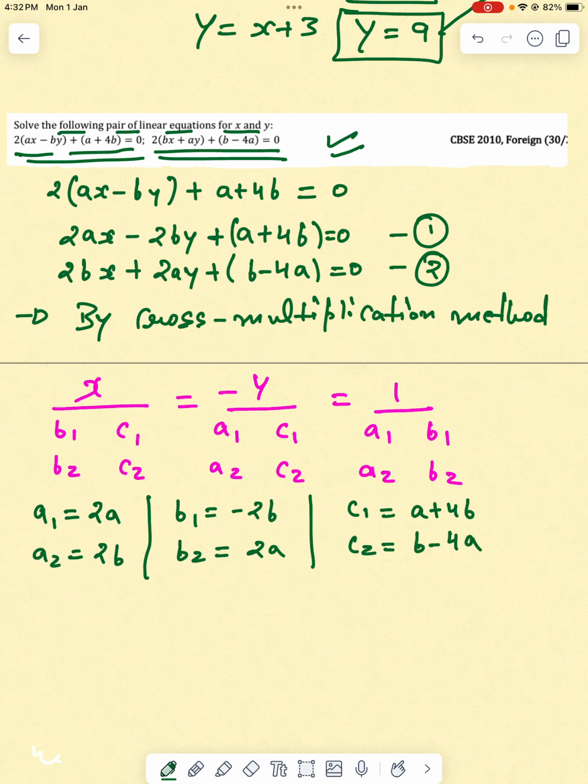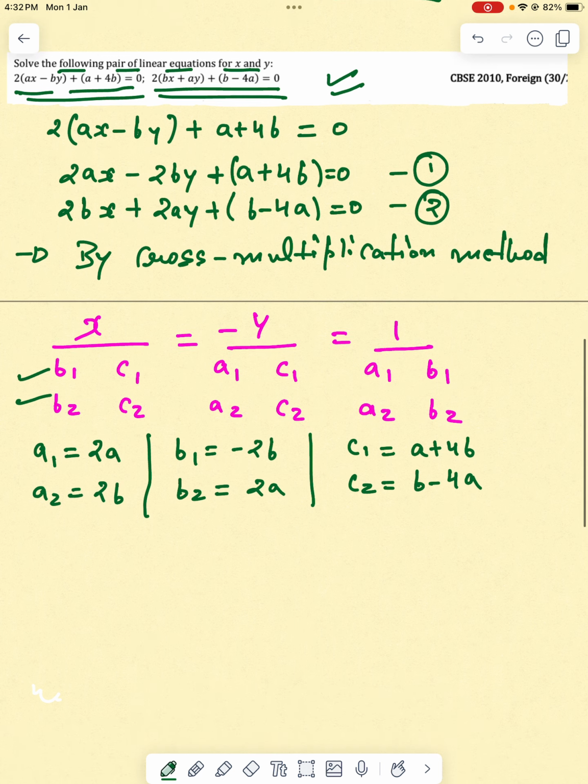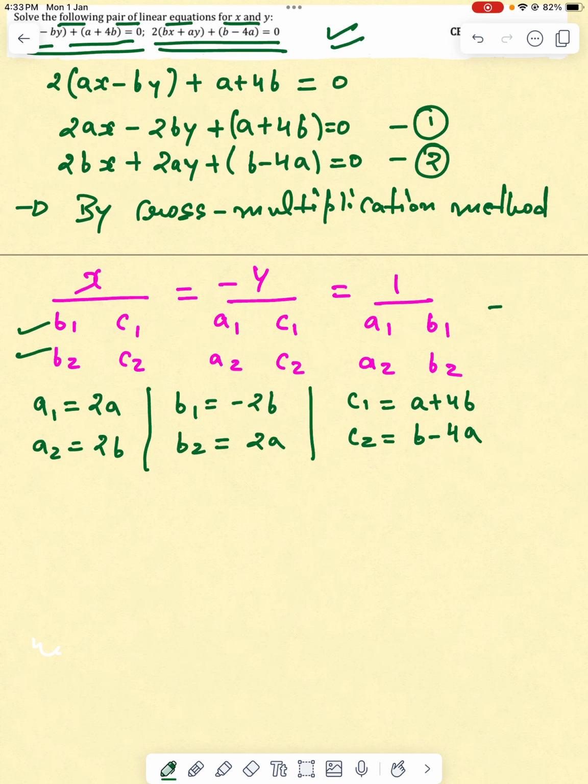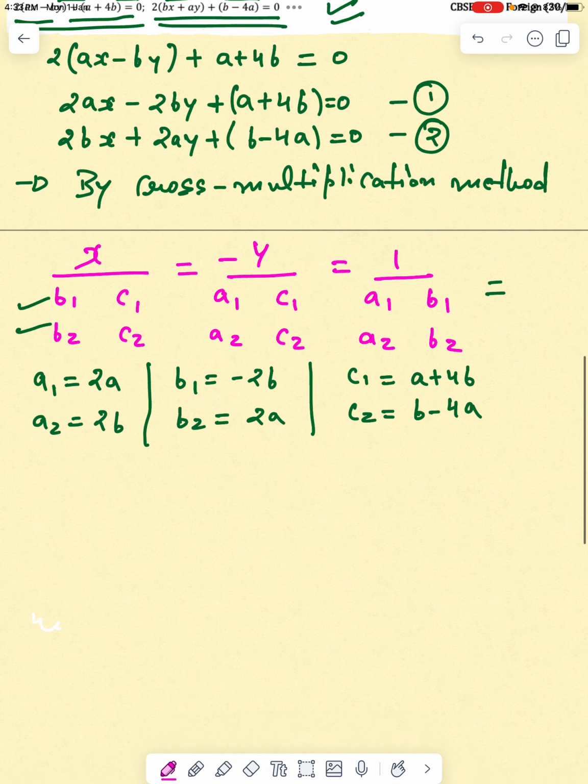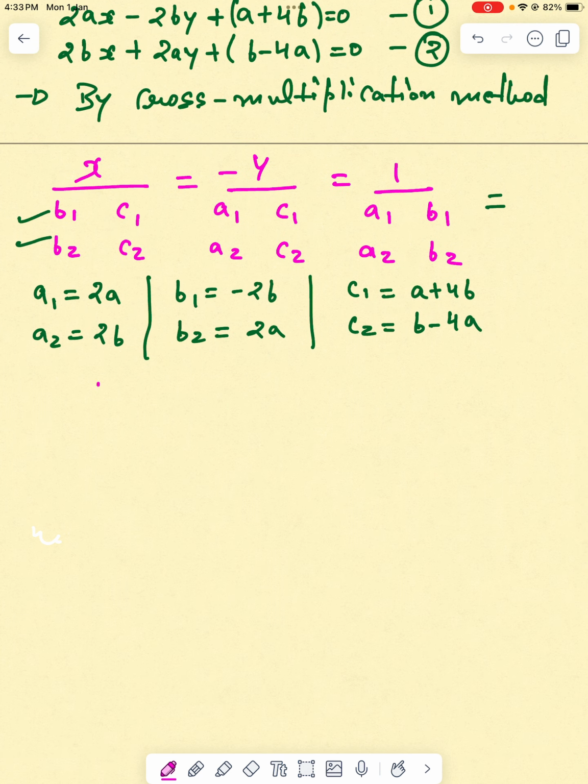So put the value of a1 a2, b1 b2 and c1 c2 in this formula. Okay, now I'm writing the formula directly by putting the values of the coefficients. So x upon, what is the value of b1? b1 is minus 2b and b2 is 2a.